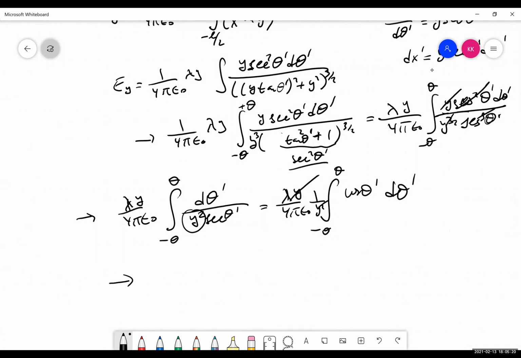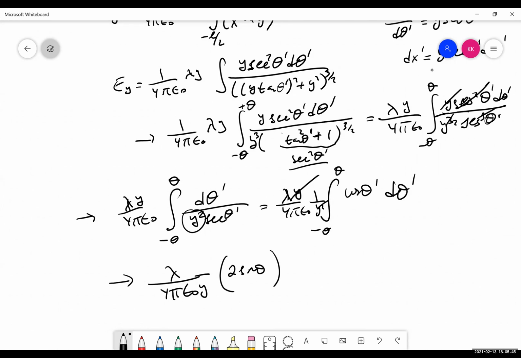All right, so lambda divided by 4 pi epsilon naught times y, then I have the integral of cosine theta d theta. Which should just give me 2 sine of theta when I combine negative theta and theta.